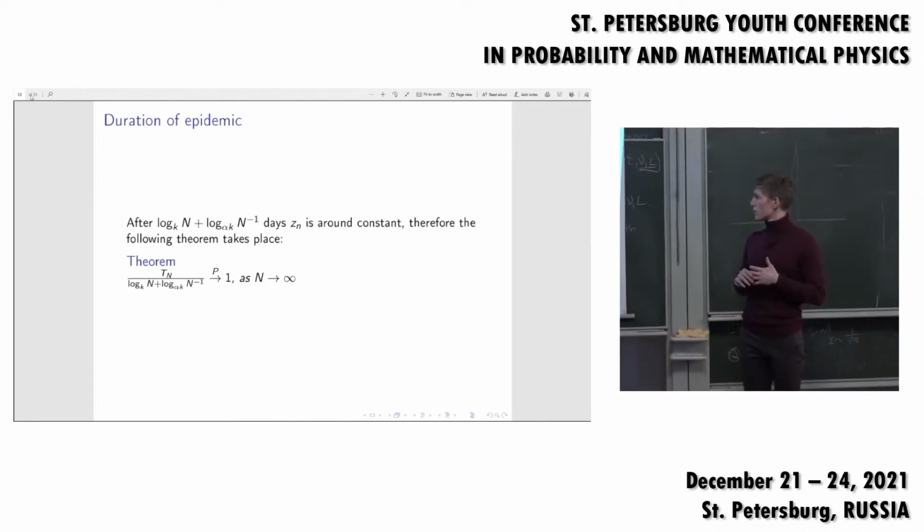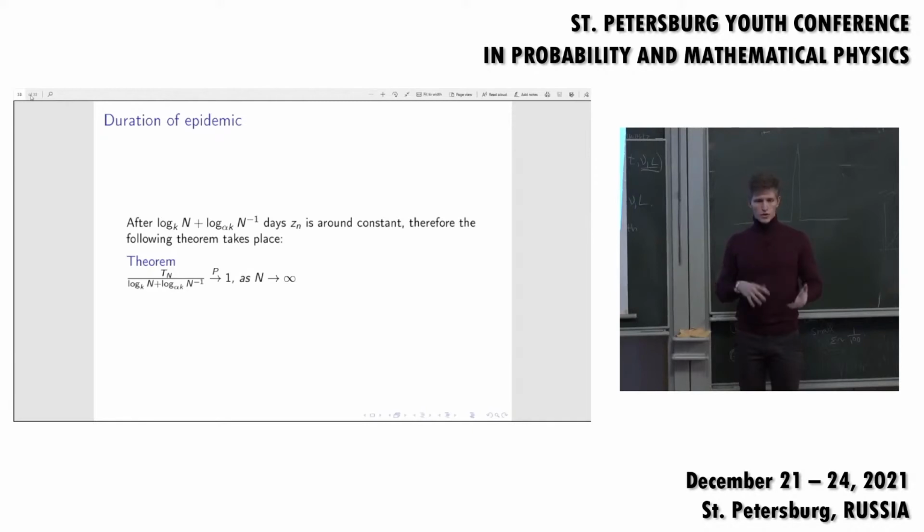What else? In this problem, the main difficulty is that not all methods that are used in other epidemic models can be used. In these theorems, there are a lot of technical moments that are not very simple.